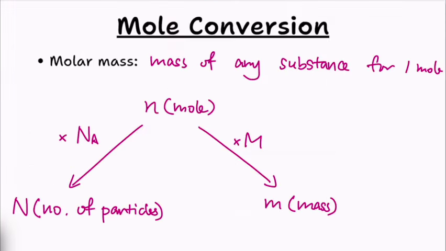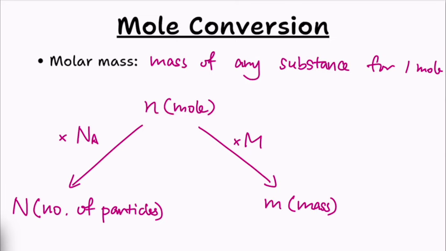Okay, so when you multiply the number of moles by the molar mass, the units of the mole get canceled out, and then you will get the mass. You will have to memorize this triangle and be very familiar with the mole conversion.